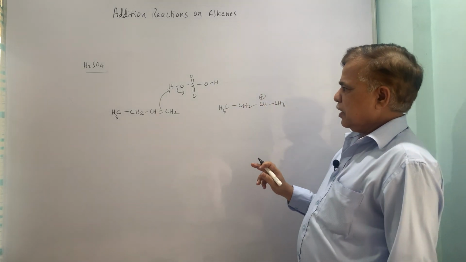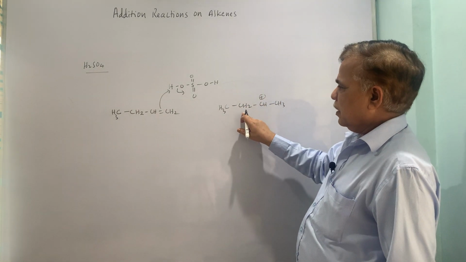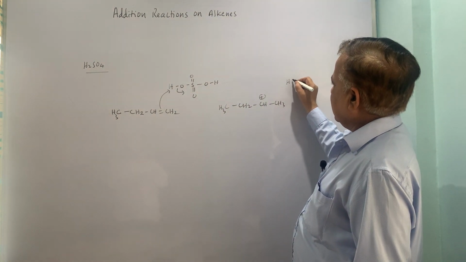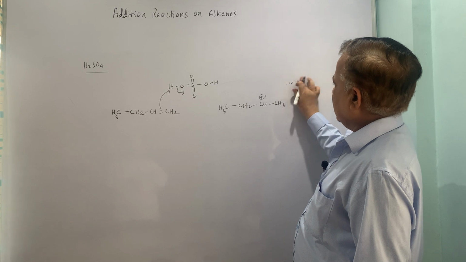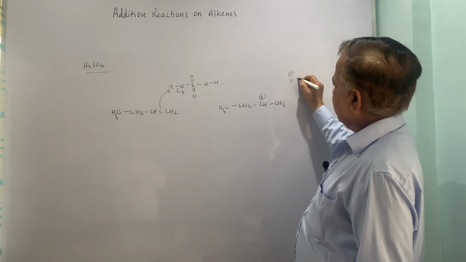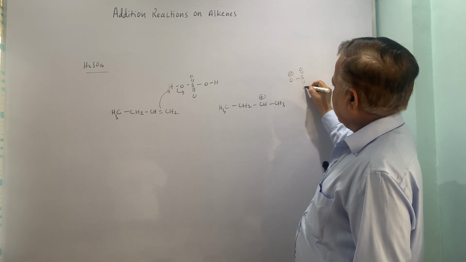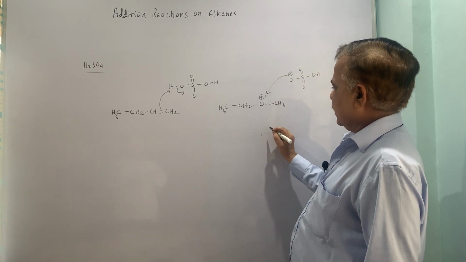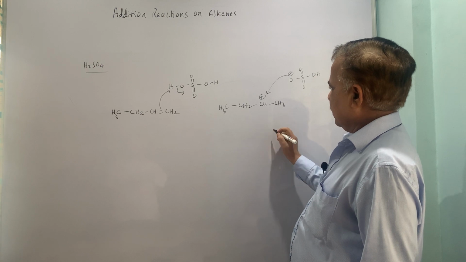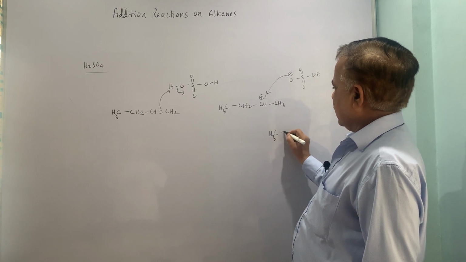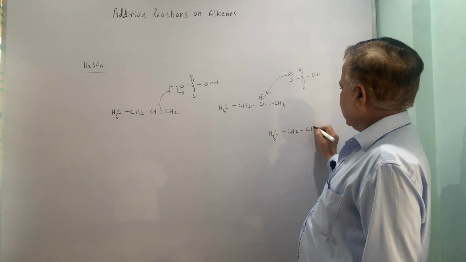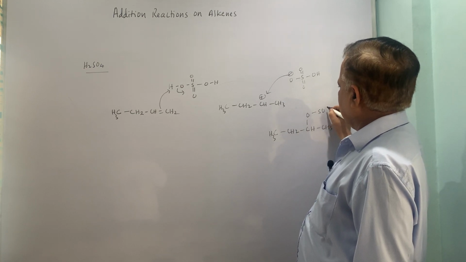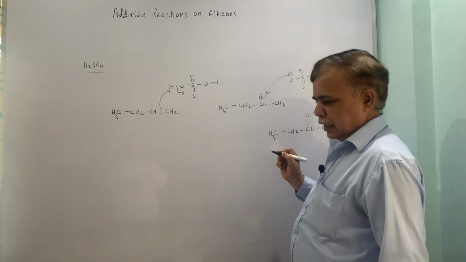The further rearrangement is not possible because in that case also you will be getting the same, and then this reacts with the same reagent in the same manner, this interacts and you get the adduct. Now this adduct can be hydrolyzed and you get the alcohol at the end of reaction.